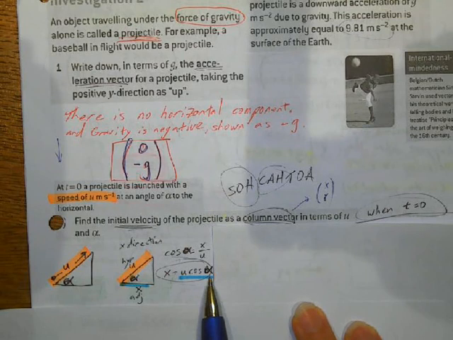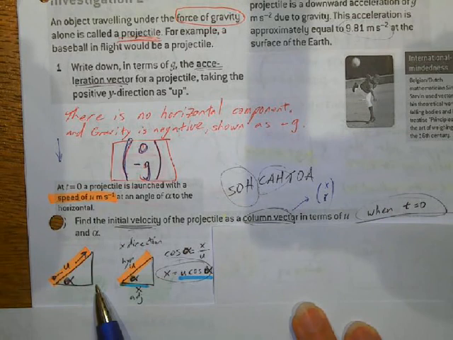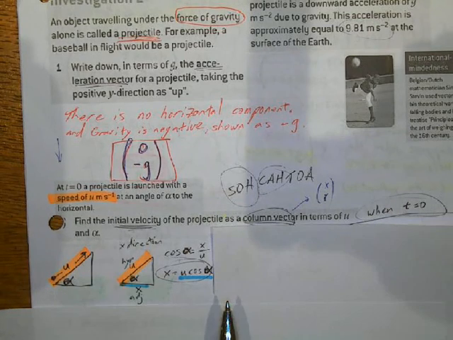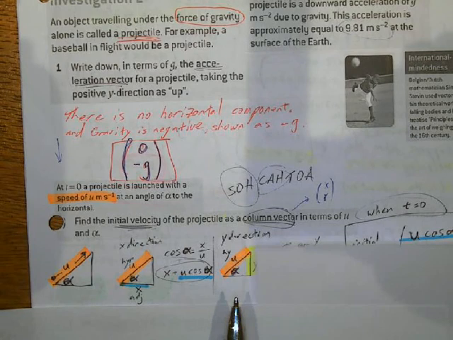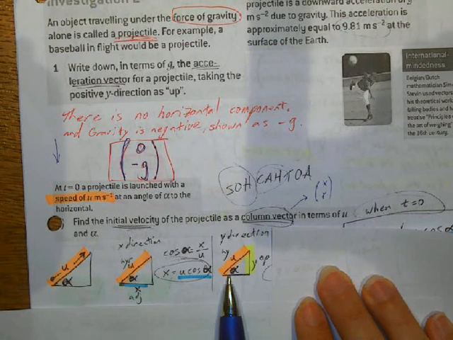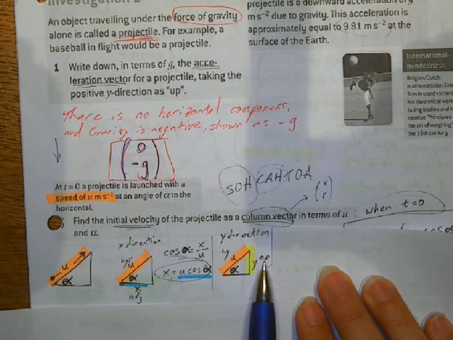That's how far in the horizontal direction I go if I'm going at a speed of u with this angle. Now let's talk about the up and down direction. With this angle, the up and down direction is opposite, and we still have this hypotenuse here.